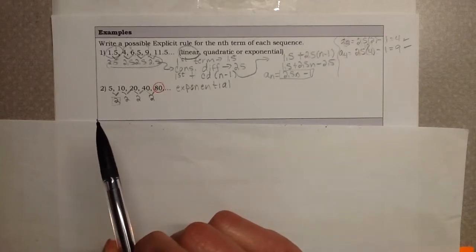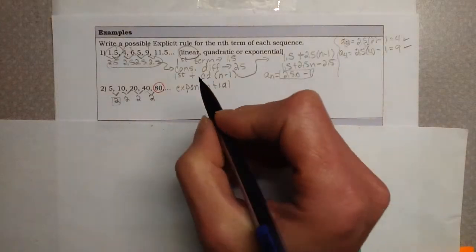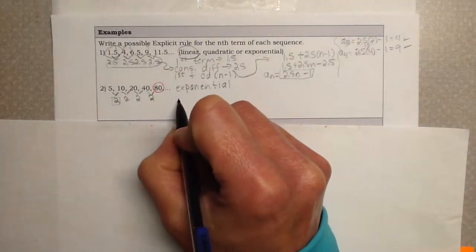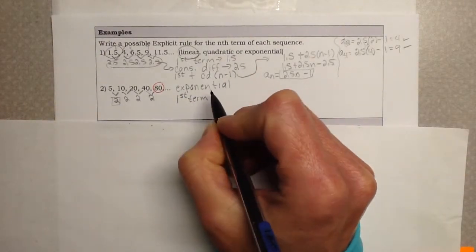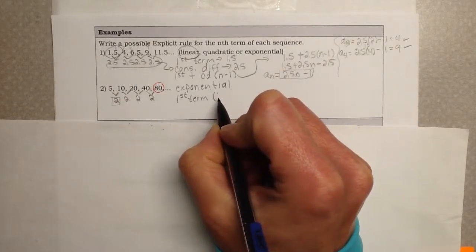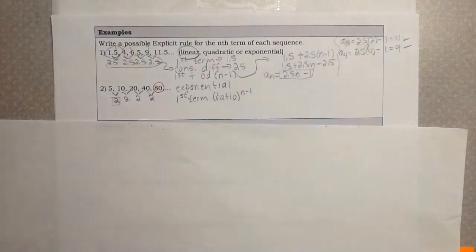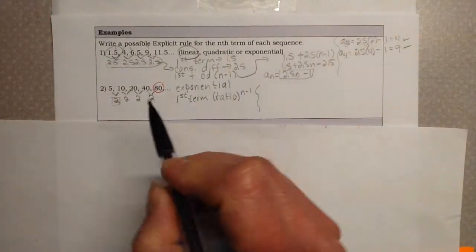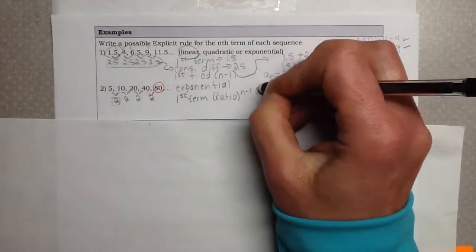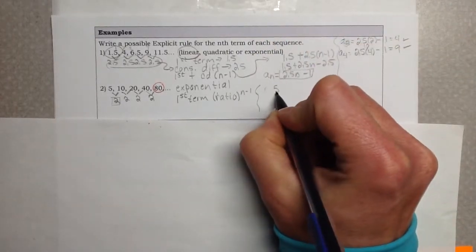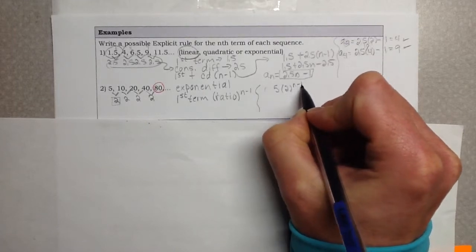So a lot of times what you have to do for exponential is take your first term and multiply it by your ratio to the n minus 1. And let me show you why that works. If we take our first term, it's 5. First term is 5, and we multiply it by 2 to the n minus 1.